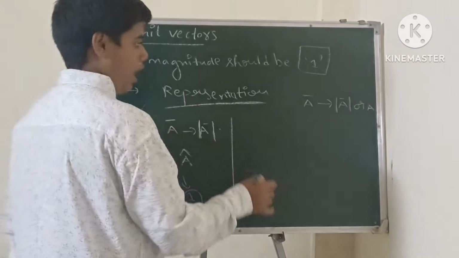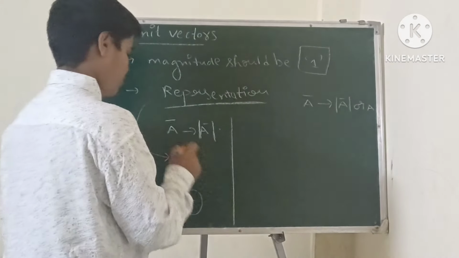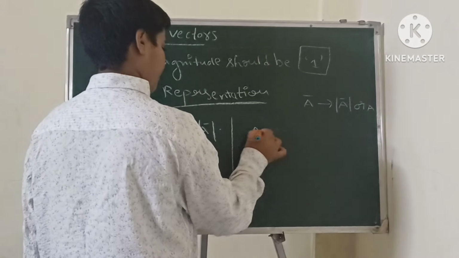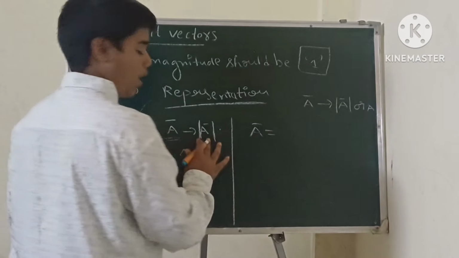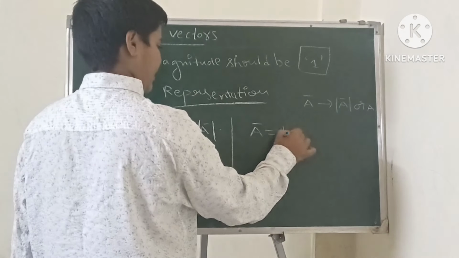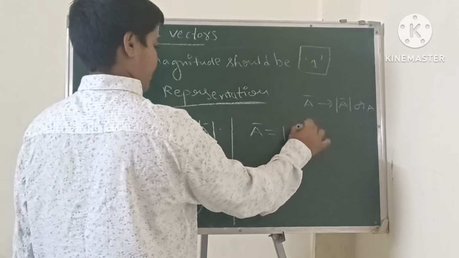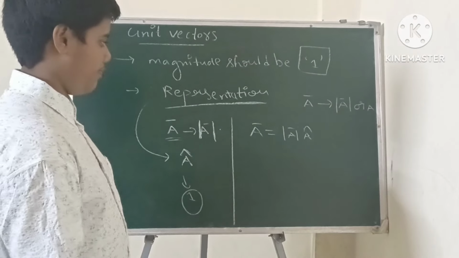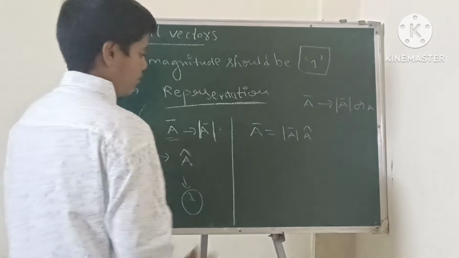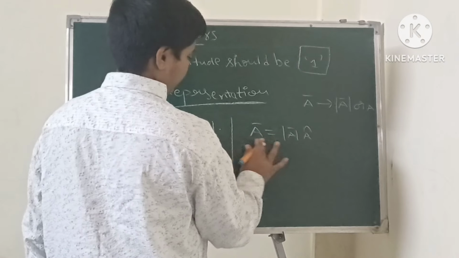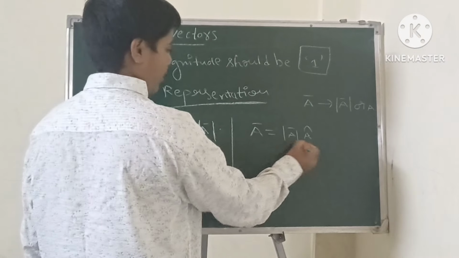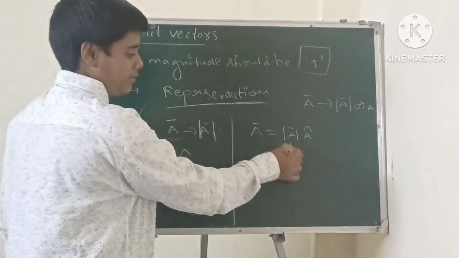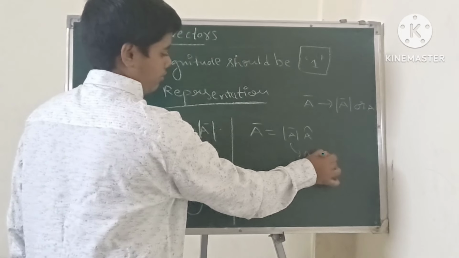And here, how to find the magnitude of this vector A bar? Let's see. A bar equals mod A into A cap. Here, this is a vector. Mod A means magnitude.